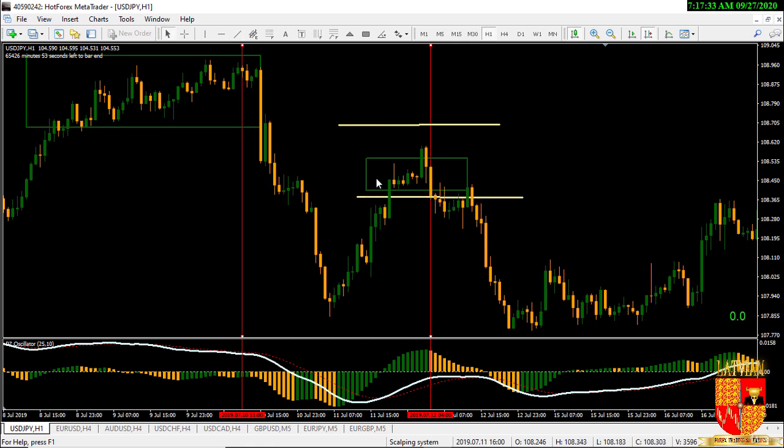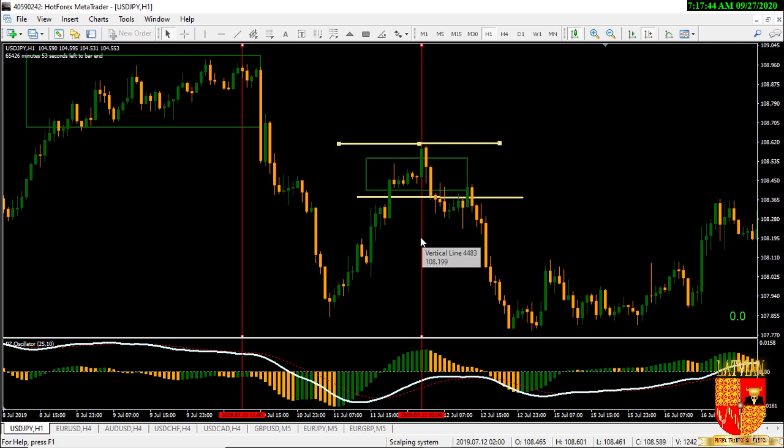Your stop loss should be above the last swing high. In this case it will be somewhere there. So your entry would have been there, your stop loss somewhere there, and then you target a 1:3 risk to reward.